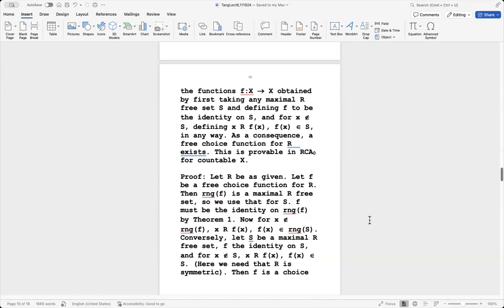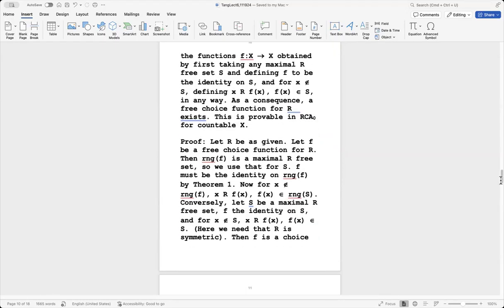Conversely, let S be a maximal R free set where F is the identity on S. Sorry, that was the necessary direction. Then for each X not in S, X R F of X must be picked, and that you can do by symmetry.